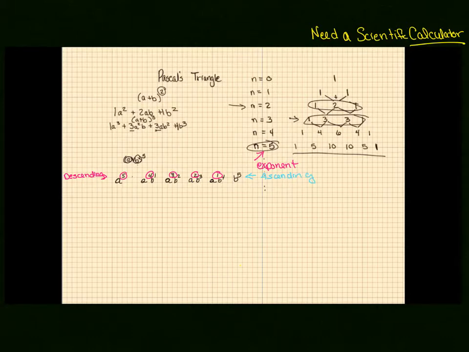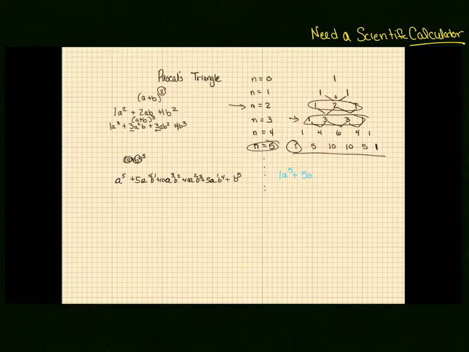These are going to be each of my terms, and now I just have to add my coefficients in. We start out with 1, and then the next number in the row is 5, then 10, 10 again, then 5, and then 1. That's how you can use Pascal's triangle to write out your expanded form of the binomial.